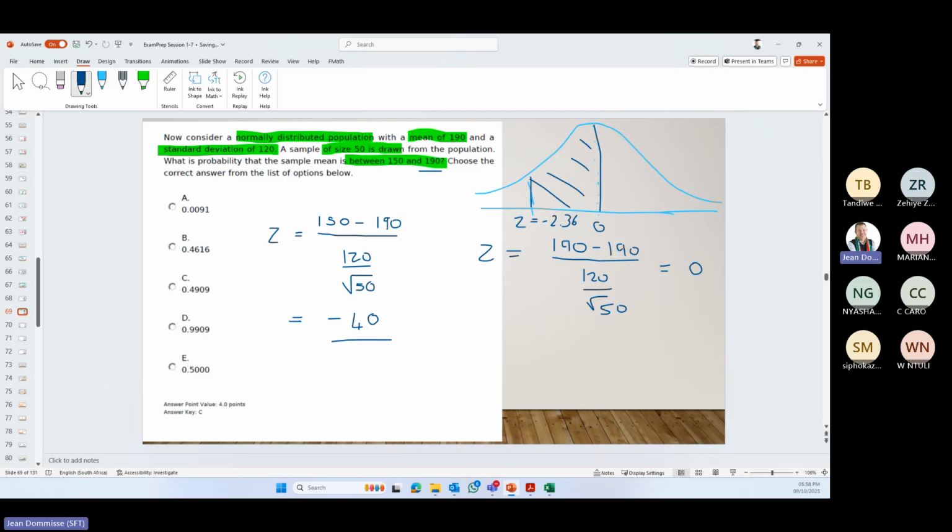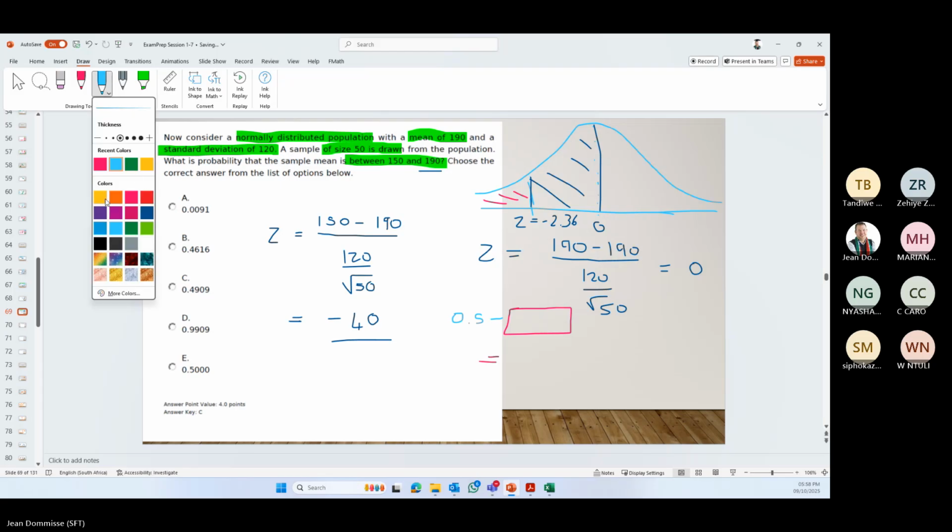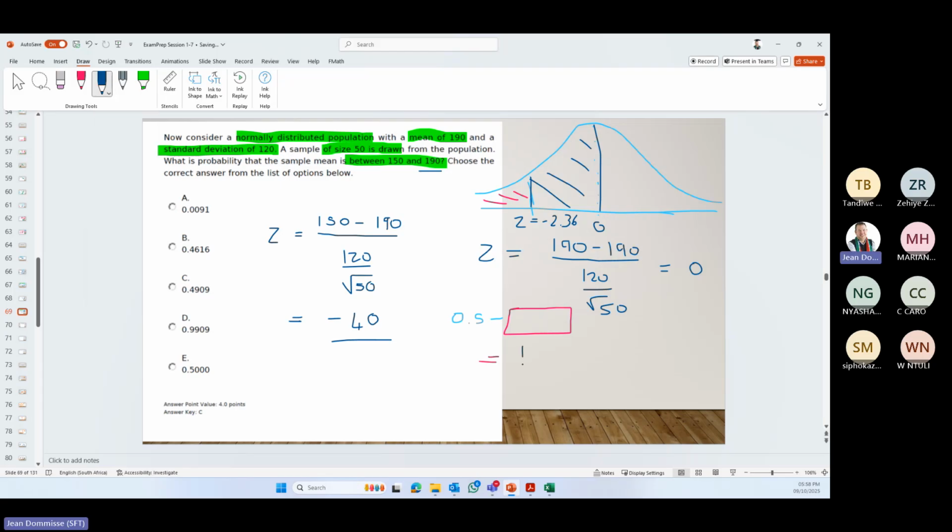We can go to the negative table, minus 2.36. We'll get this area, and we will say 0.5 minus the red, and that will give us our blue area.